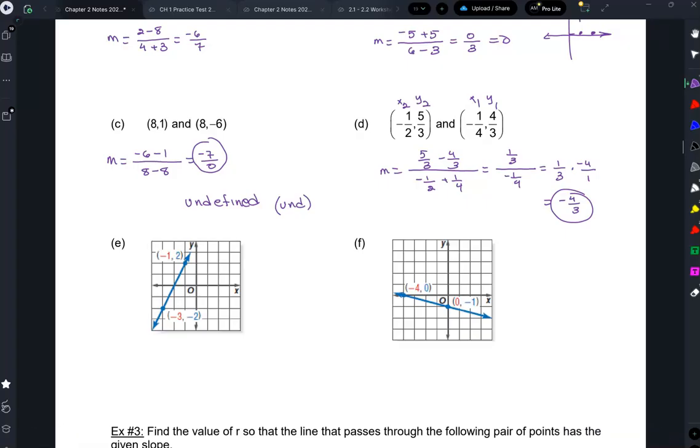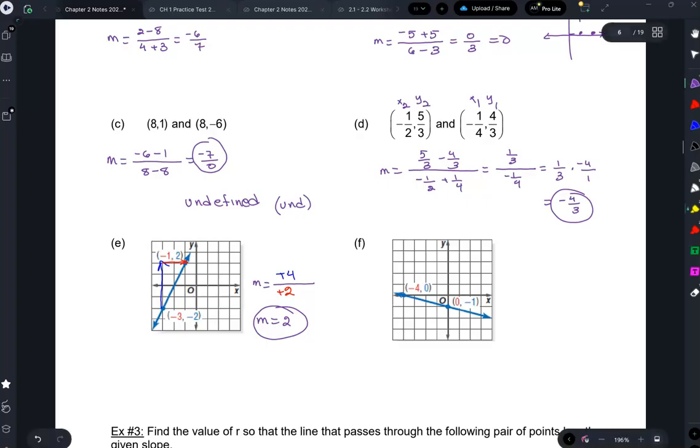Okay? All right, here you're given the points, so it's the same situation, or you can also do the rise over the run. The rise here, from -2 to 2, is going up 4, that's +4, and then I'm going to the right 2, +2, so slope is 2.